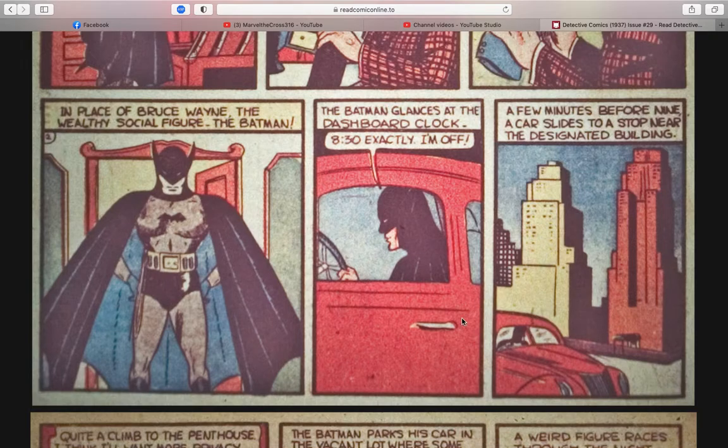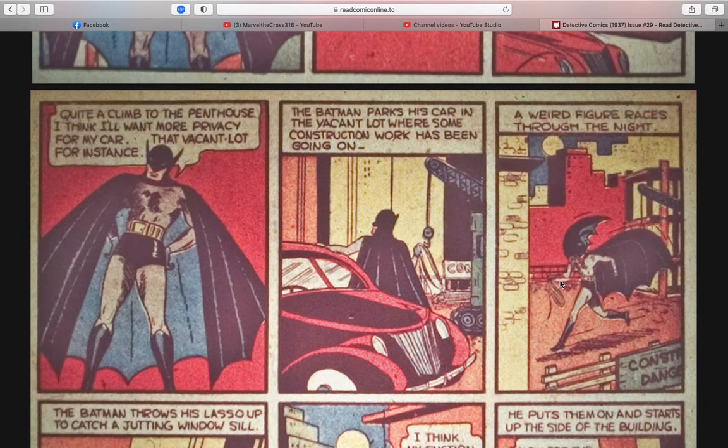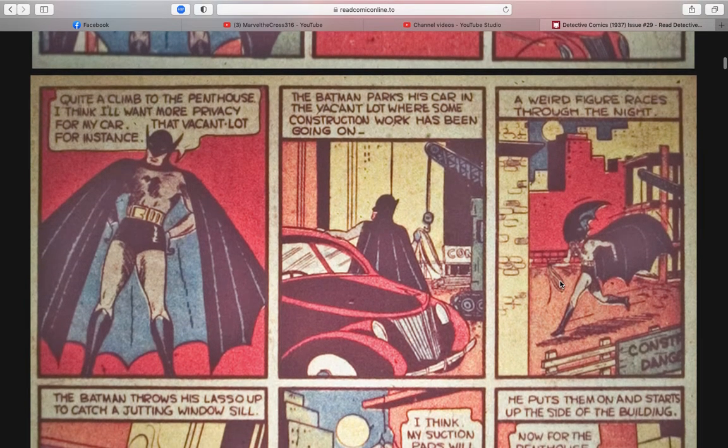Now, at this point, Batman still is riding in this red car. He does not have his classic Batmobile. He's just driving like a 1930s car, I guess. So that's pretty unique here. We see the very early stories of Batman, and he's definitely not what we're used to seeing.